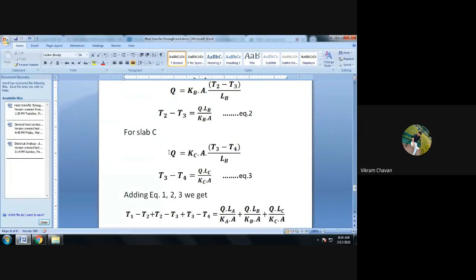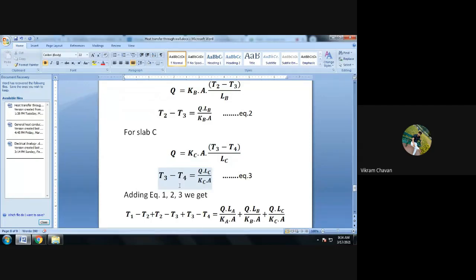So we will get the equation for the heat transfer through slab C: Q is equal to K suffix C multiplied by area multiplied by T3 minus T4, whole divided by L suffix C. Here I have to write L suffix C. So further we rearrange that equation in the form of a temperature difference.